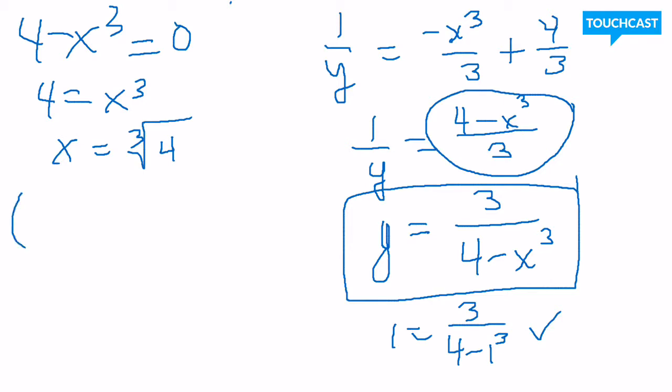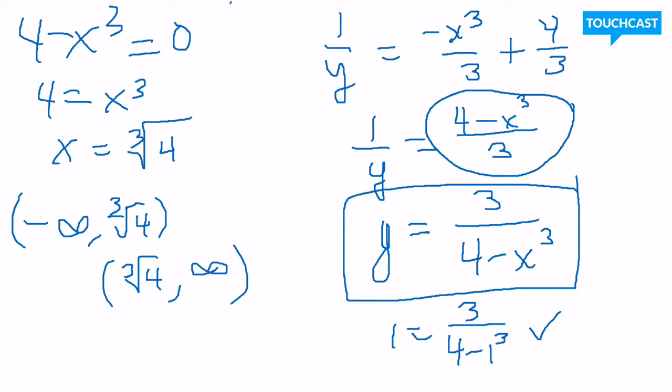So the question is, this function, that's the only x value that's going to give us any problem. So this function has two pieces. It has one branch or one part that's going to go from negative infinity to the cube root of 4. And it's going to have another that goes from cube root of 4 to infinity. And our solution is going to be good on one piece or the other.